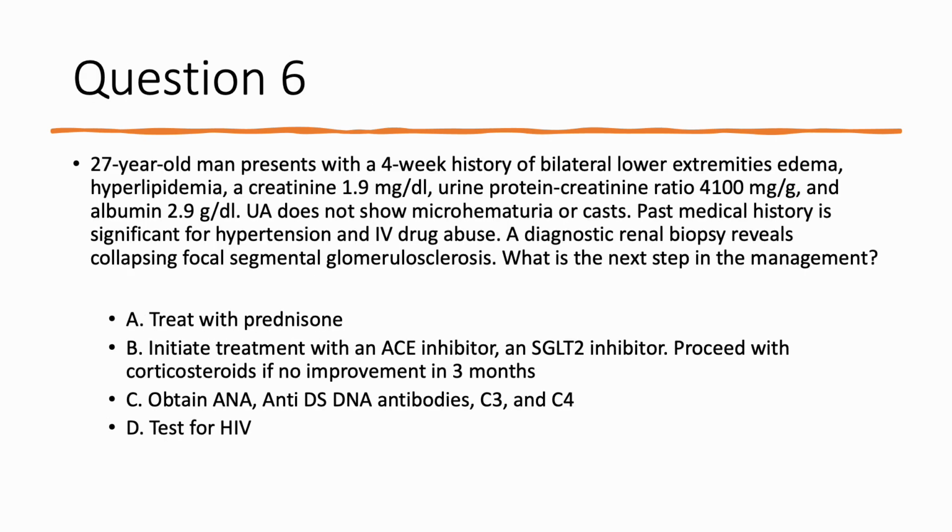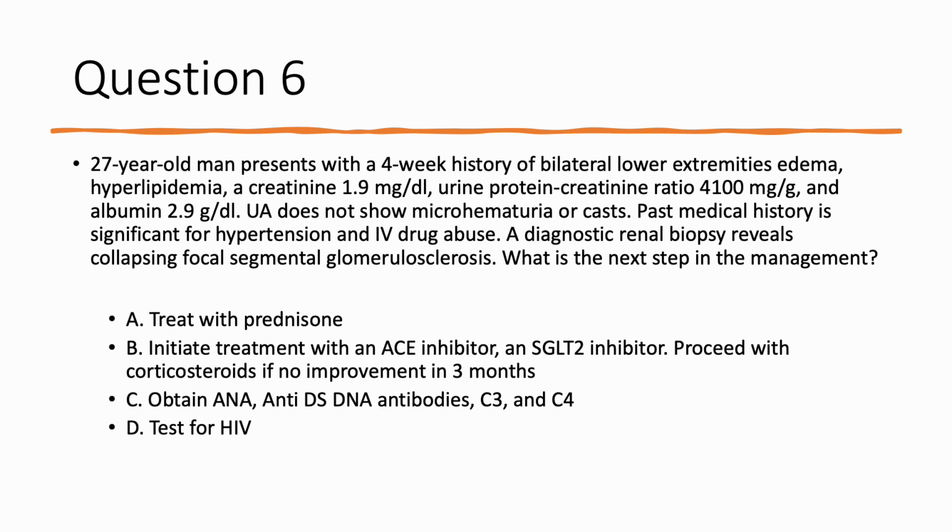Question number 6. 27-year-old man presents with a 4-week history of bilateral lower extremities edema. The patient also has hyperlipidemia, a creatinine of 1.9 milligram per deciliter, and a protein creatinine ratio in the urine of 4,100 milligram per gram.